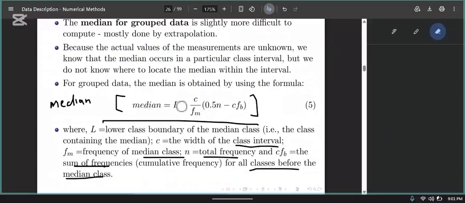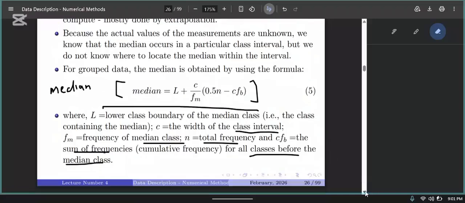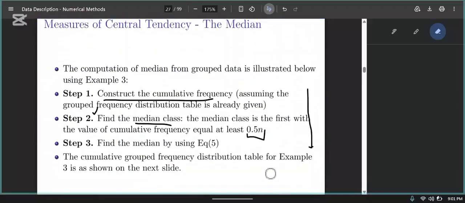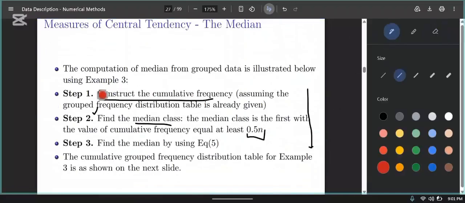Median is equal to lower class boundary, width of class interval, frequency of median class, 0.5 n, CFB. The instructions are, you need to make a table, but in this case the table is already constructed for us. So we just go straight to step number 2, finding the median class.